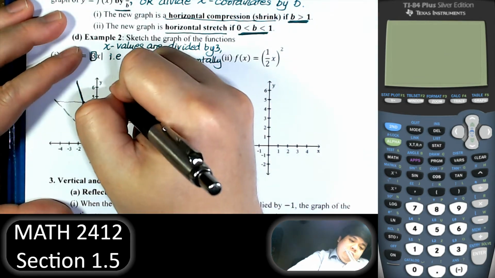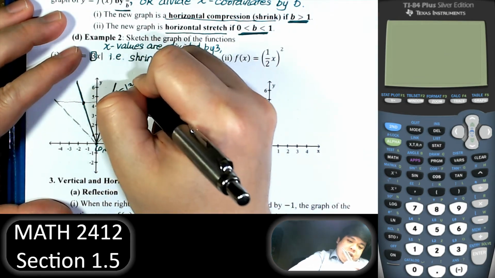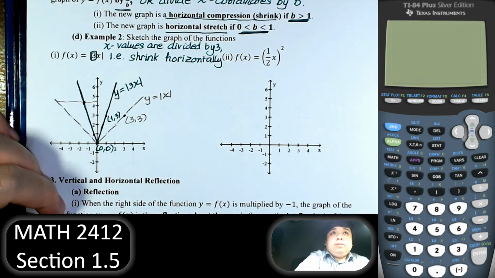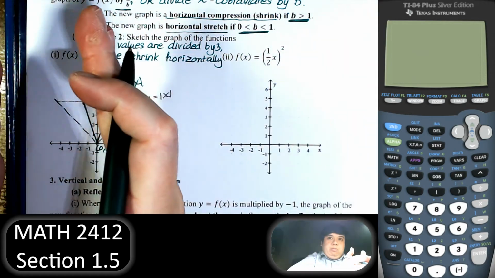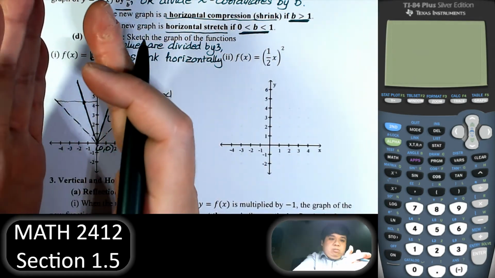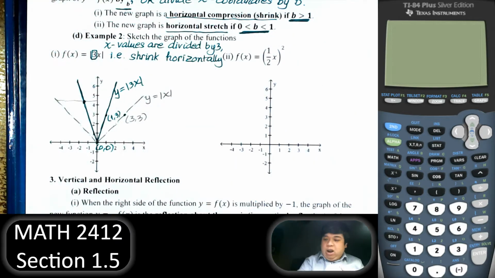So this is the graph y equal to absolute value of 3x. Right. So this one, indeed, we shrink it horizontally. So we push from the side horizontally. So we have that graph.